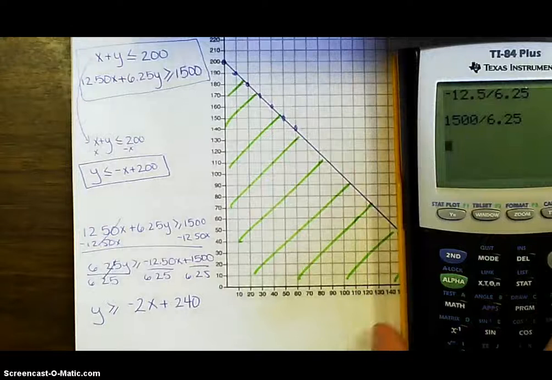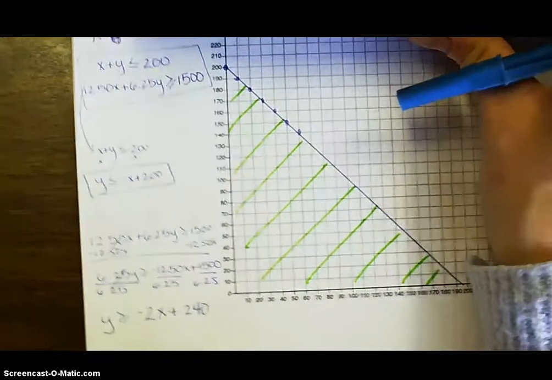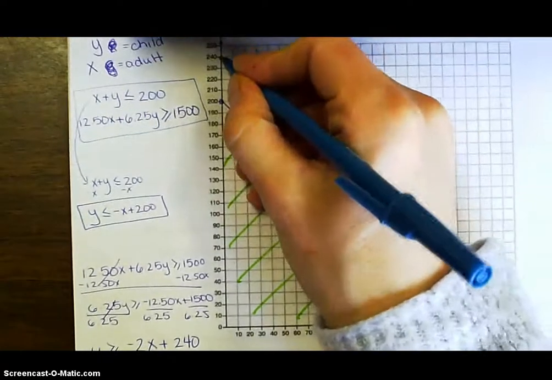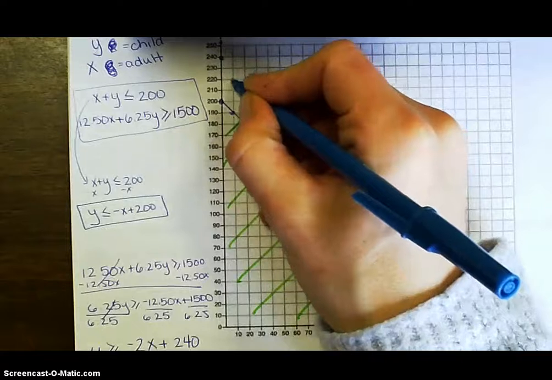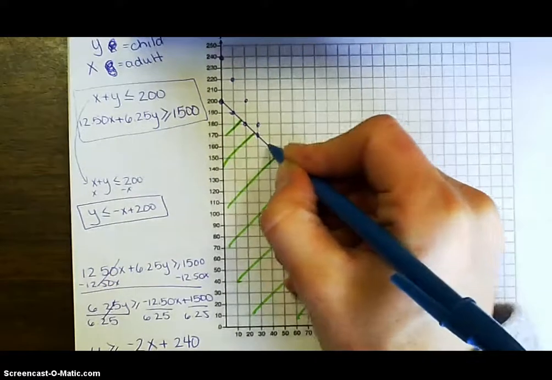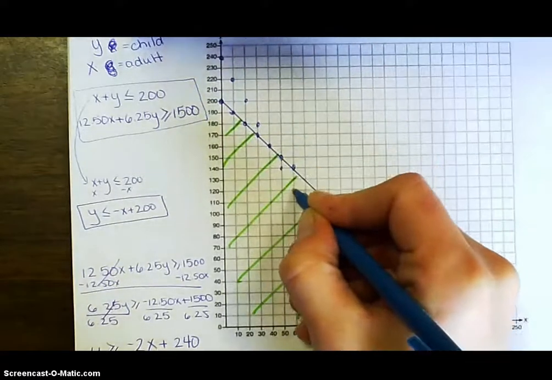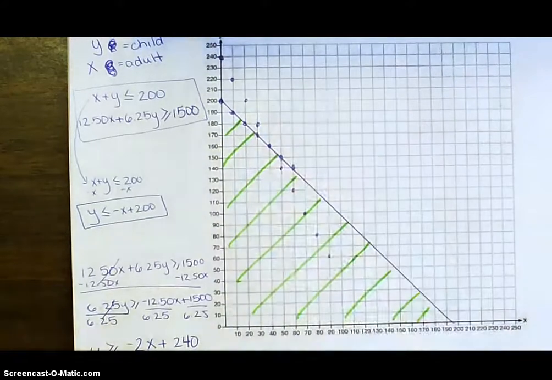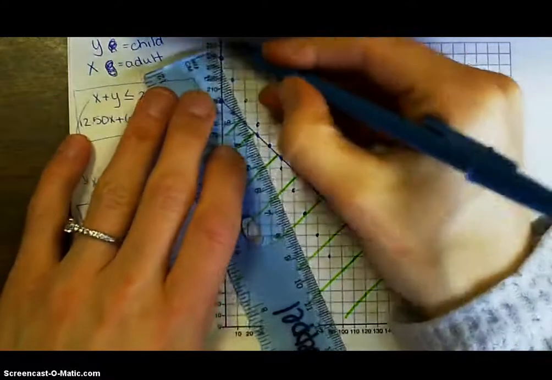So now let's graph this line. For this line, we're going to start at 240, which is a little bit higher up. Okay, and now we're going to go down 2 over 1, down 2 over 1. I'm going to follow through with this all the way down. And now I'm going to graph my line.